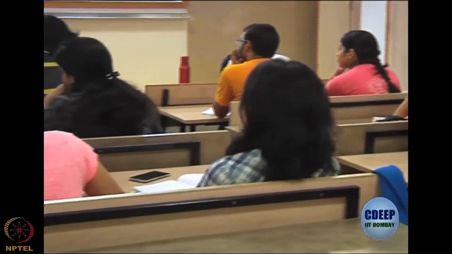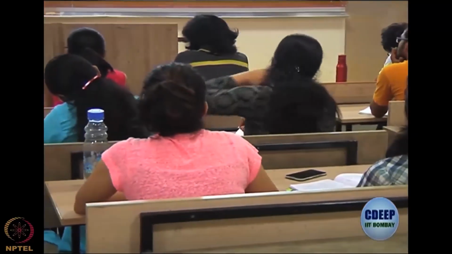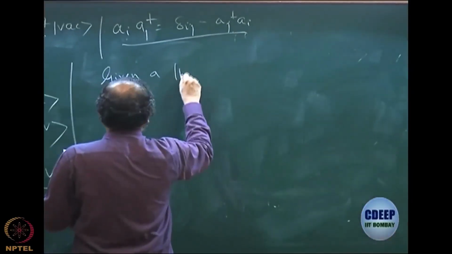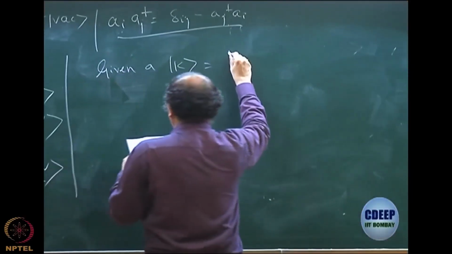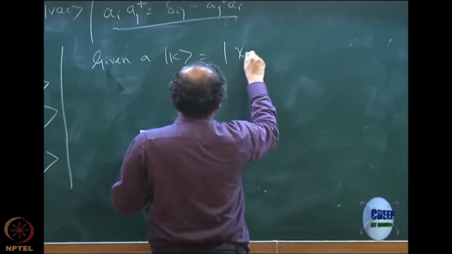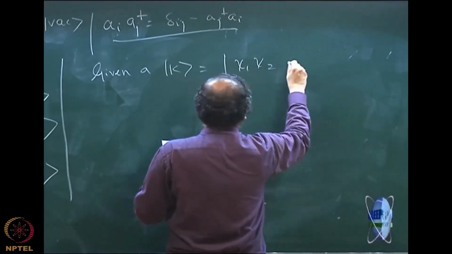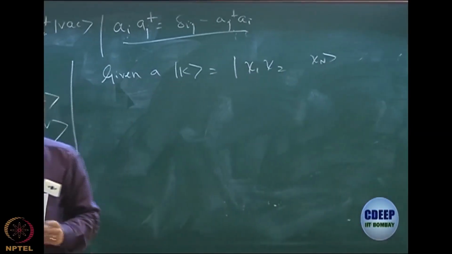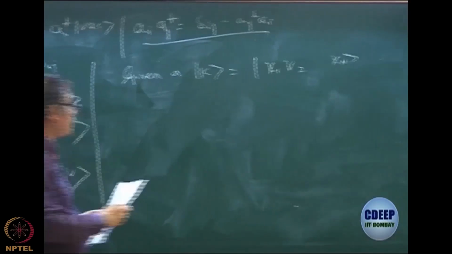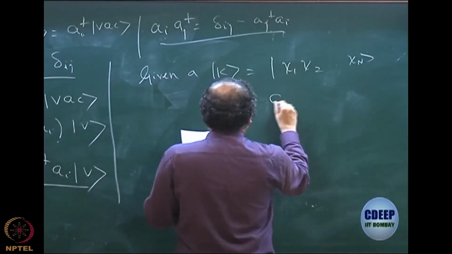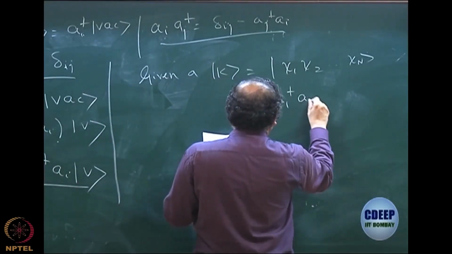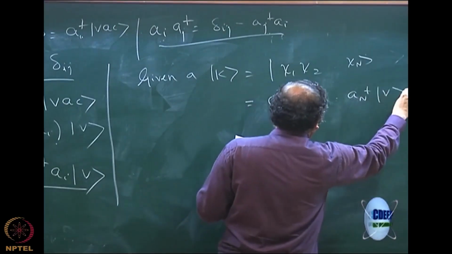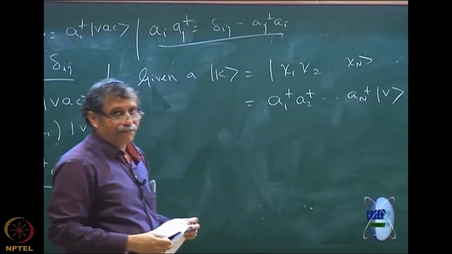Let us say given a determinant K which is chi_1, chi_2, chi_n, that is like a Hartree-Fock determinant, right? It is a Hartree-Fock determinant or whatever determinant, does not matter. How do I write this? I write this as A_1 dagger, A_2 dagger, A_n dagger, correct? Vacuum. Remember, this is how I have to write it.